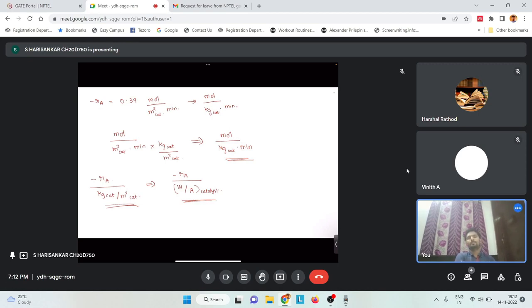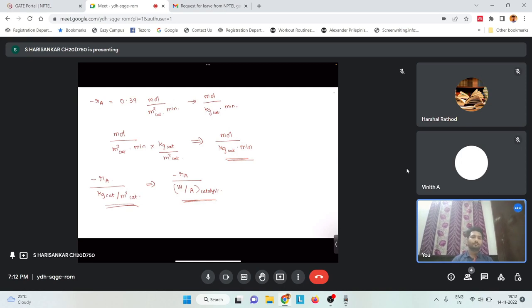So we just proceeded in that direction, and based on the data that's been given to us, they have given us the density of the catalyst, they have given us the dimensions of the catalyst. We can find the volume with which we can find the weight of the catalyst, and then using the dimensions of the catalyst, we can find the area of the catalyst, and their ratio will be the weight by area of the catalyst.